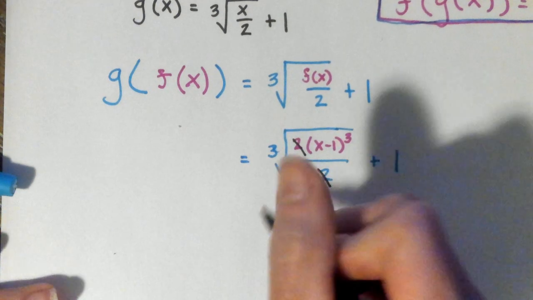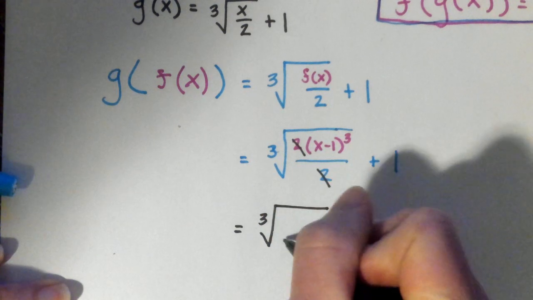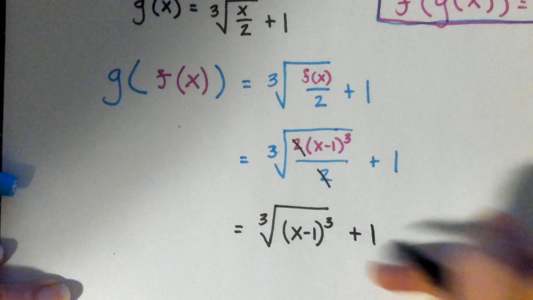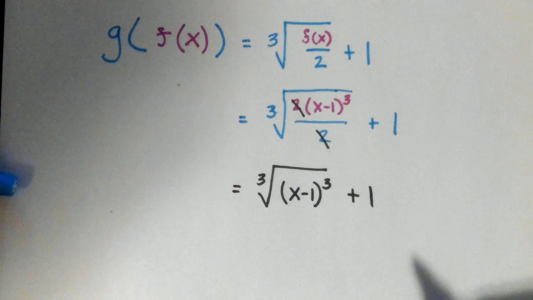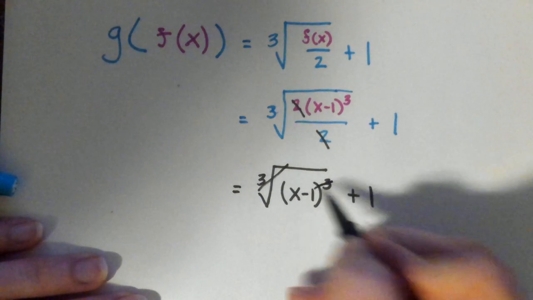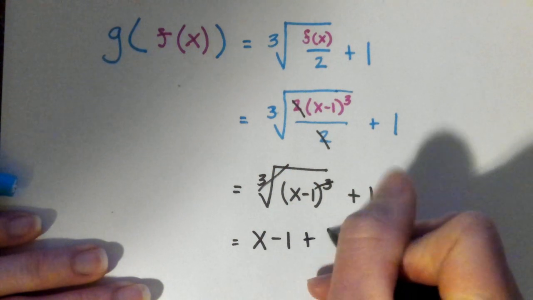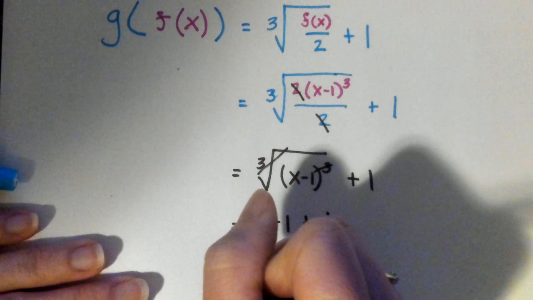So those cancel out. So now I'm left with the cubed root of x minus 1 cubed plus 1. Now, the cube root and the cube, those cancel each other out. So I'm left with x minus 1 plus 1.